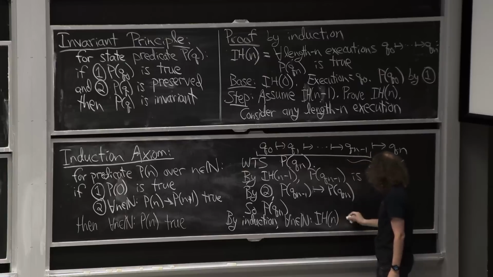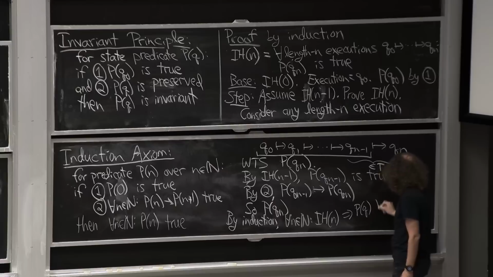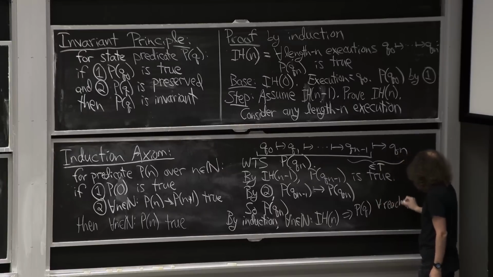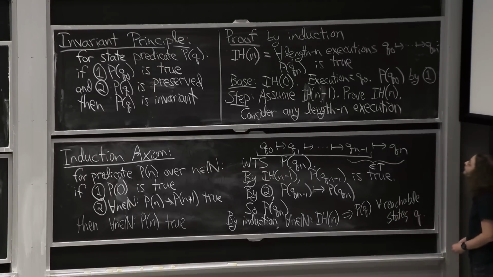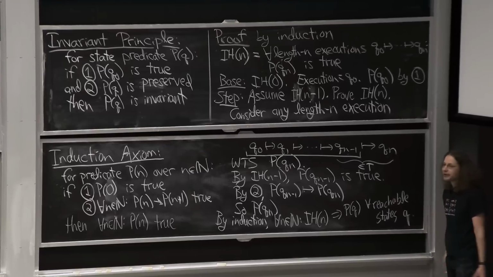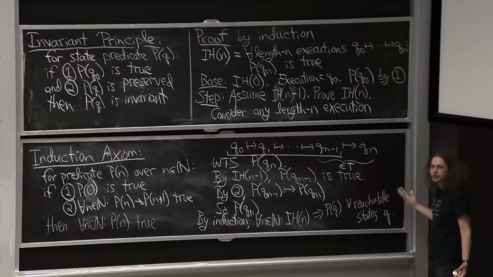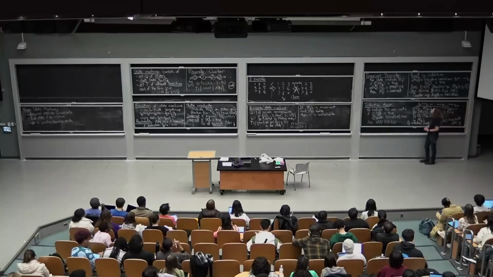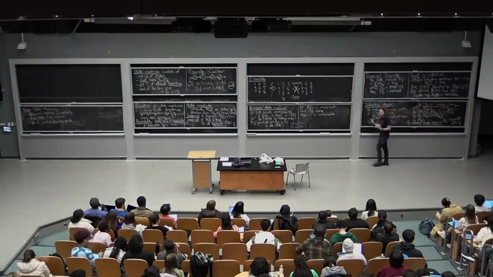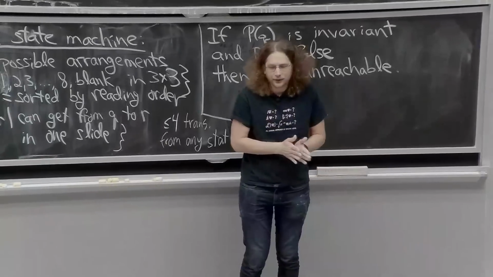And the idea is that this implies P of Q for all reachable states Q. Because if you have a reachable state Q, by definition of reachable, there's some execution that gets there, and it has some length. And so the induction hypothesis for that length gives you what you want. So that's how we prove the invariant principle. It's a pretty intuitive notion, but maybe nice to see yet another example of an induction proof.